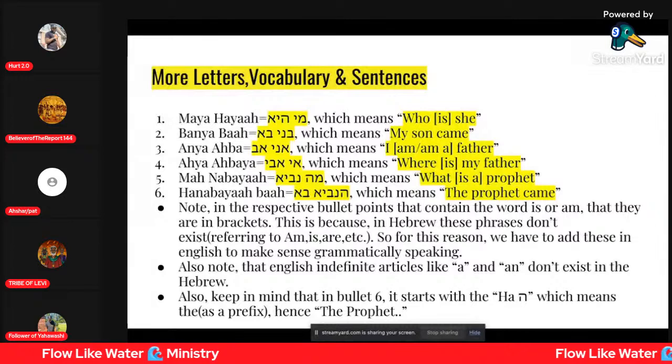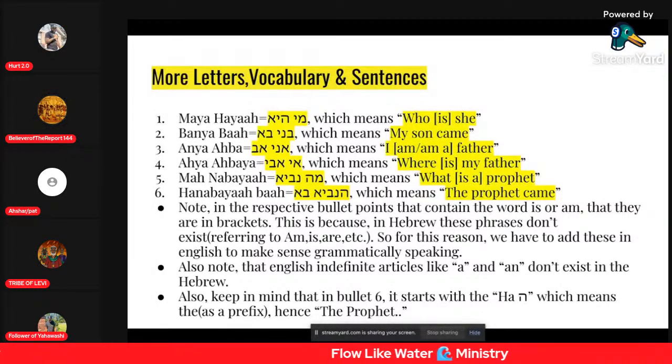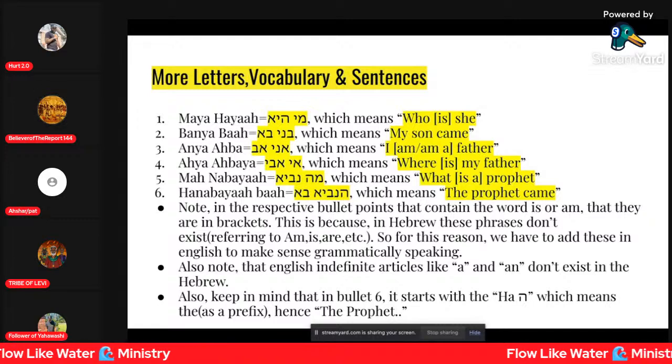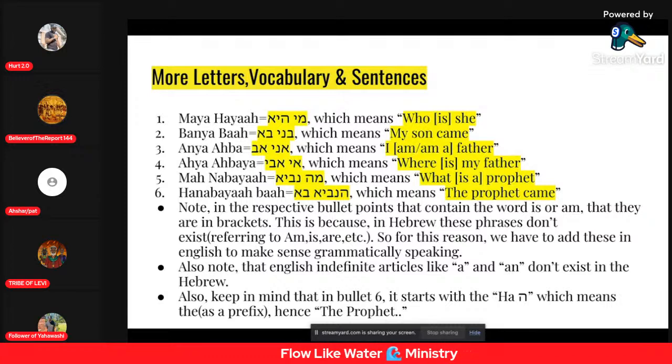So, these are just more words to add to our vocabulary. Just short sentences, but just to point out some of the notes I placed at the bottom.